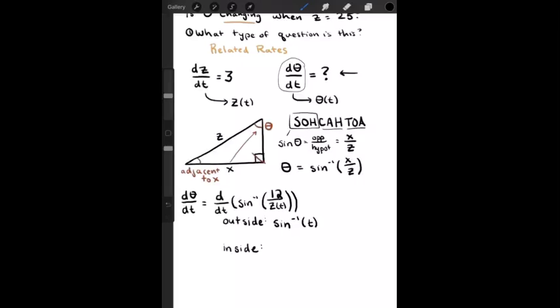So to get sine inverse of 12 over z, what are we plugging into sine inverse of t?